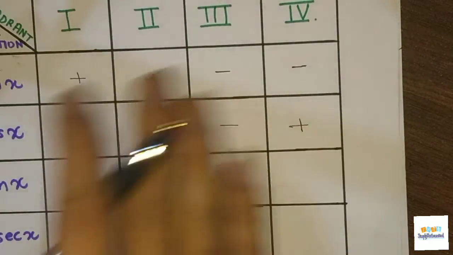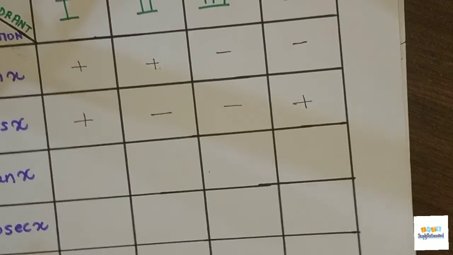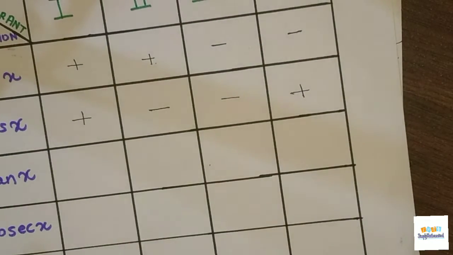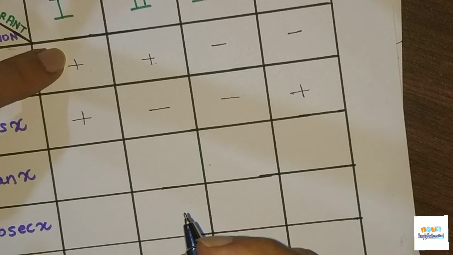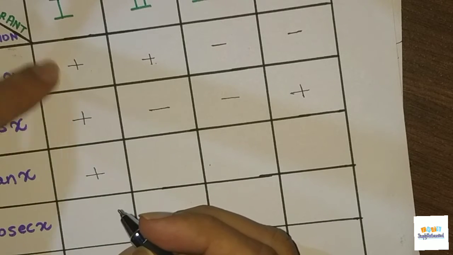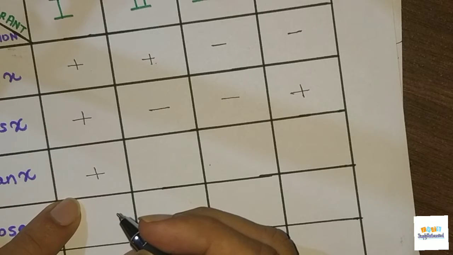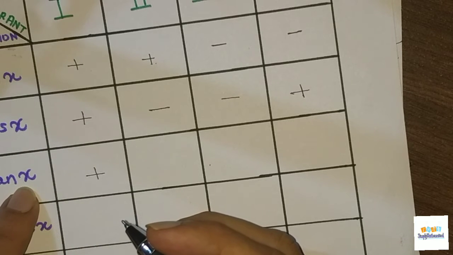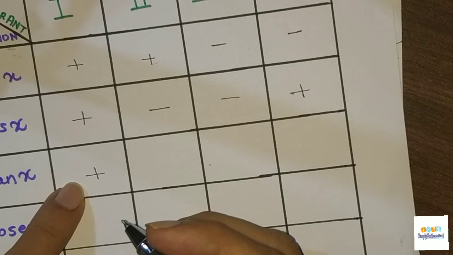So even if you know this much, you can find out the sign of tan now. What will be the sign of tan? Positive divided by positive is positive. So the sign of tan in the first quadrant will be positive.